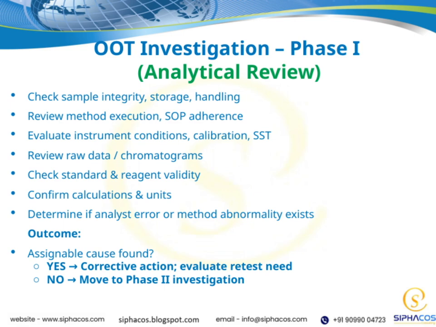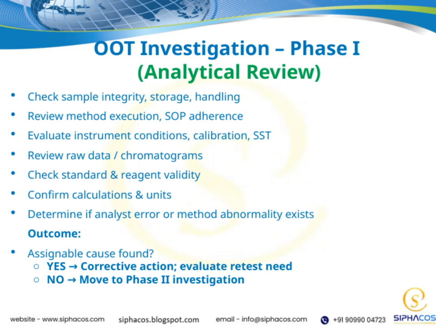Reviewing raw data and chromatograms is our next step. This allows us to spot any anomalies or inconsistencies that might explain the issue. Checking the validity of standards and reagents is also key, as expired or compromised materials can lead to inaccurate results. Confirming calculations and units ensures there are no errors in data interpretation. Lastly, we assess whether any analyst error or method abnormality exists.